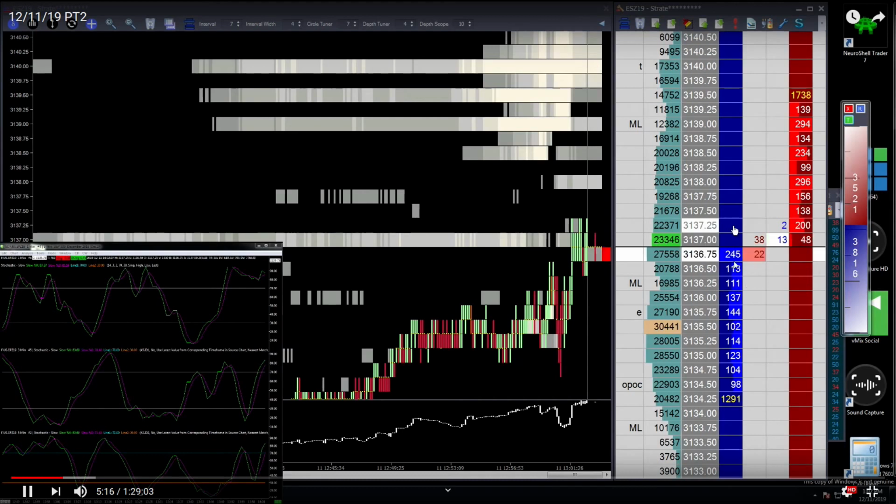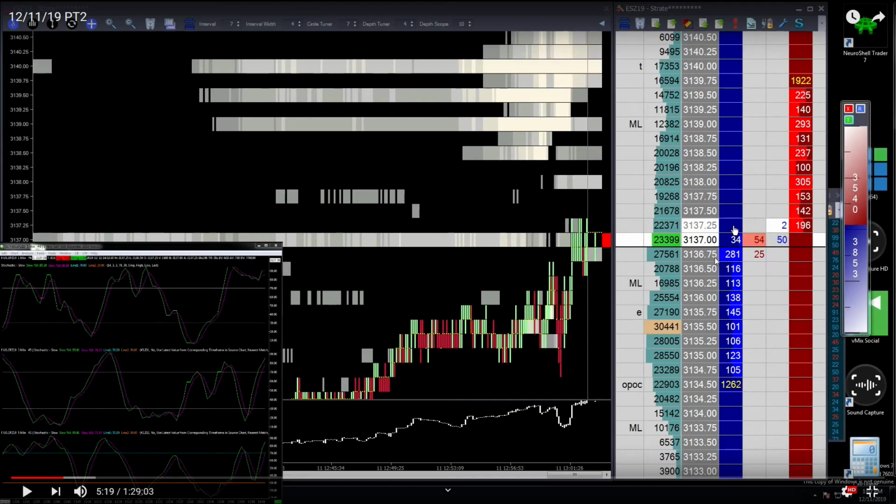No, it's real. See, it's real. It's getting hit. 3136.75 gets hit, and the size doesn't pull, meaning nothing cancels off.